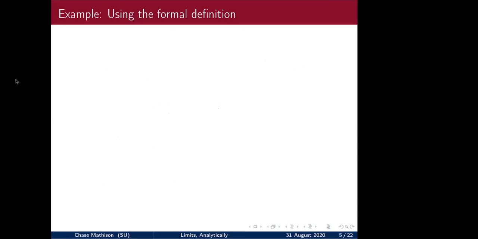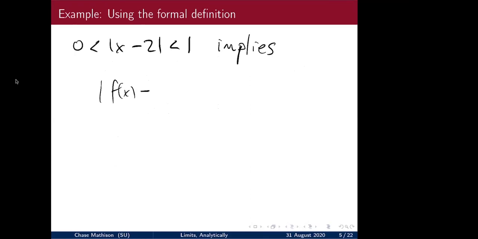Well, if that's the case, then we're going to take |x minus 2| less than 1, which implies that |f of x minus 6|, which is just equal to 6 minus 6, which is equal to 0, and that's always less than epsilon, right?